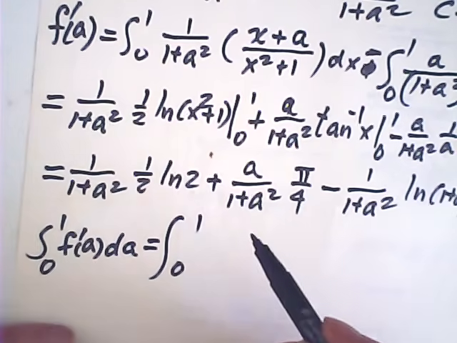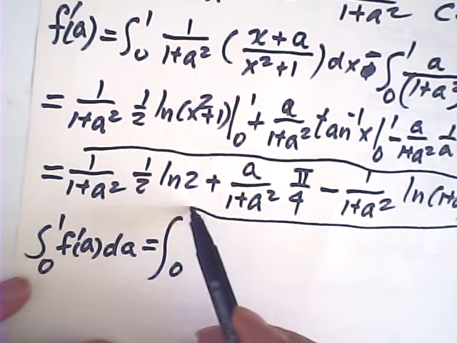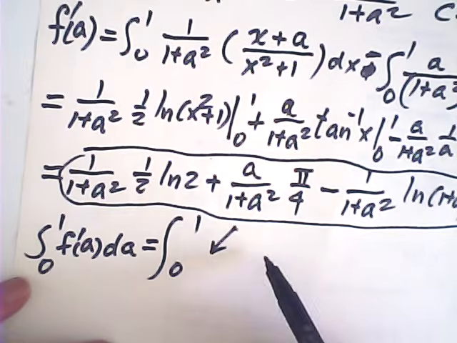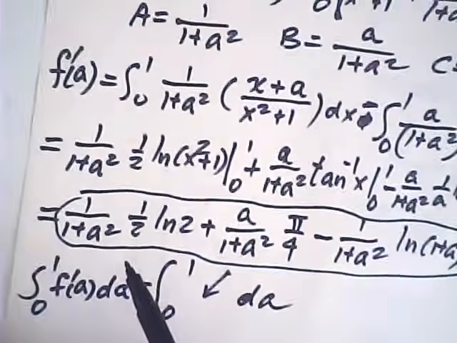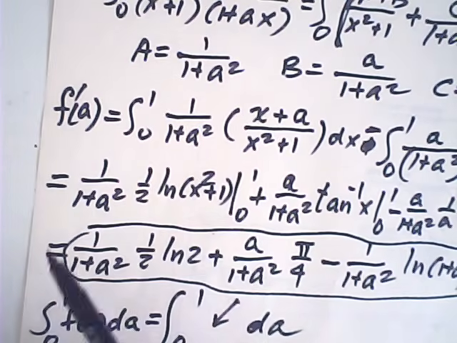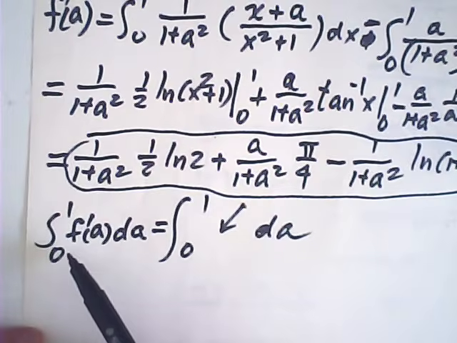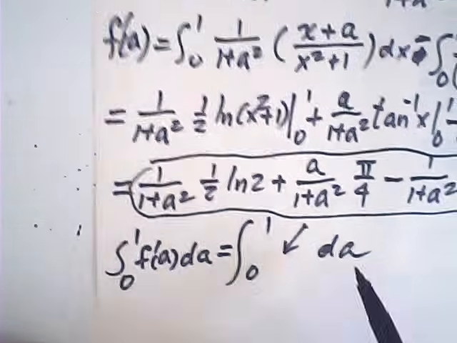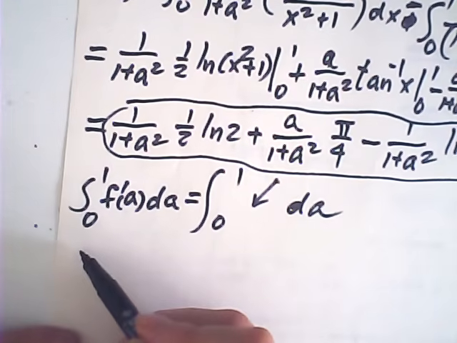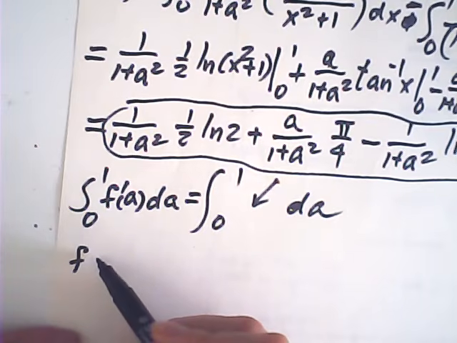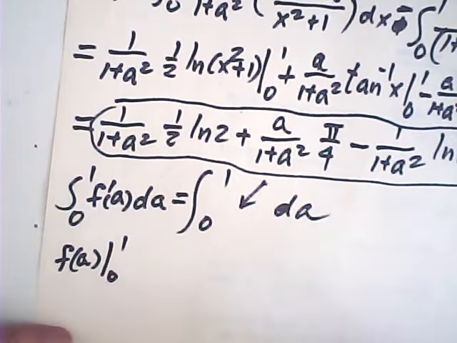Let me save writing this here, with respect to a. This is f derivative of a with respect to a, okay? So how to find f of a? We integrate both sides, right? So this side will be f of a from 0 to 1. That is the left-hand side.